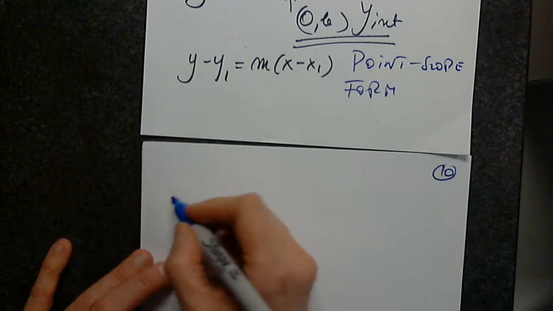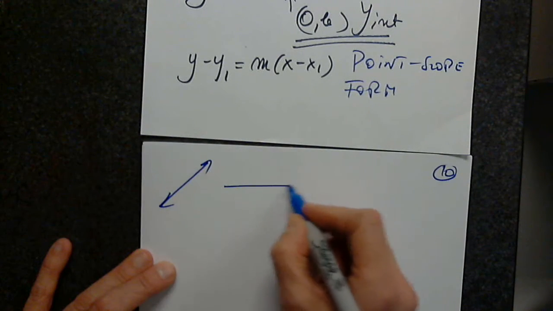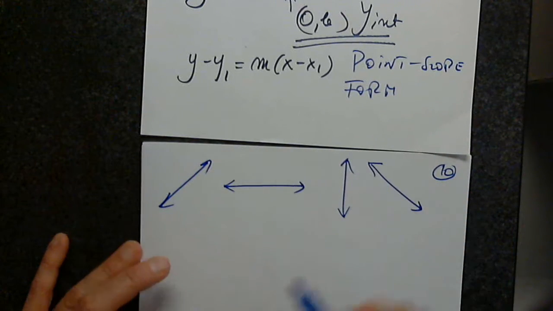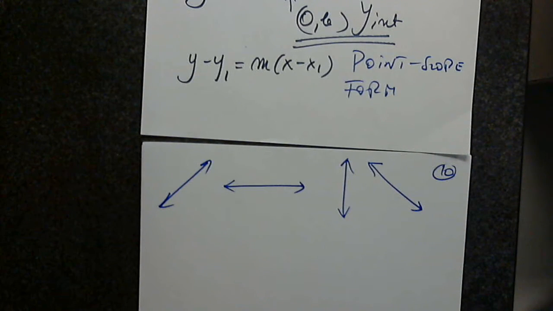Then we have 4 types of lines, and they have different slopes correspondingly. Okay, the first one, what type of slope is the first one? Remember, we had an example with the graph. Increasing, right?